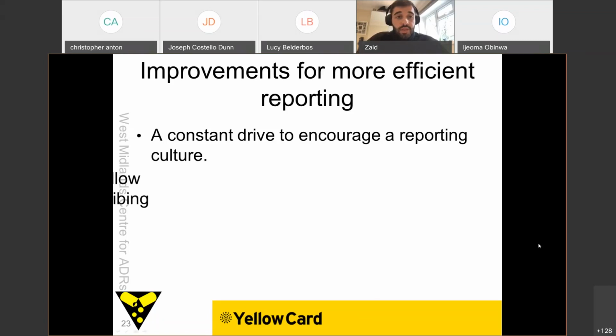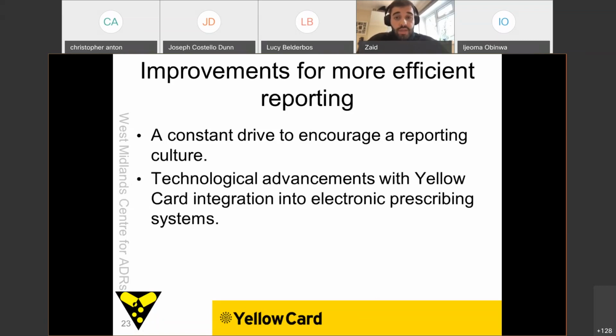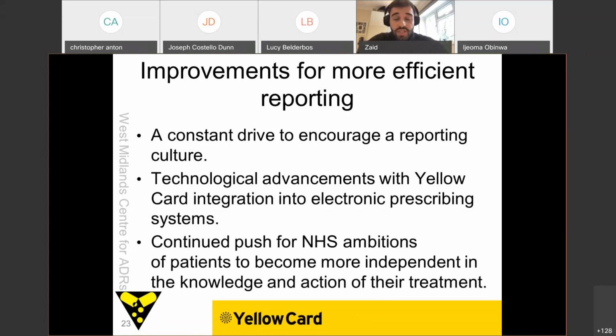And obviously, these all go hand in hand with the NHS's main ambitions in the future to take prescribing online, take everything digitally, and to give patients more say in their treatment and make them more independent, more aware and more knowledgeable about their medicines, about how to make medicine safer and to make their treatment safer. Next slide, please.